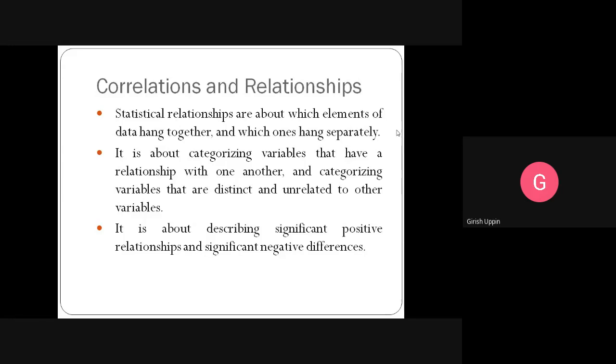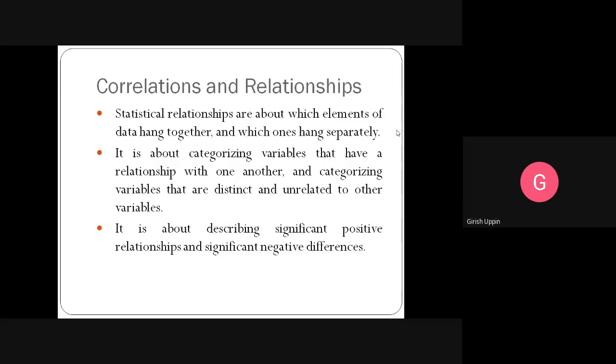One of the key things used for finding such a relation is correlation, right? We can find a correlation between two variables. There are multiple kinds of relations between two variables. When we say two variables are correlated, it means as one increases, the second one also increases.